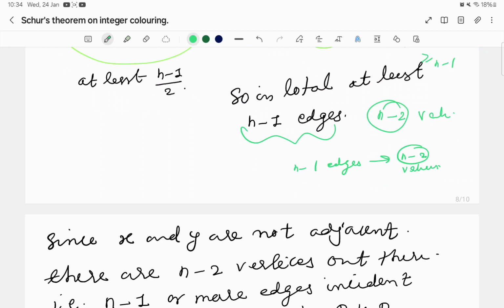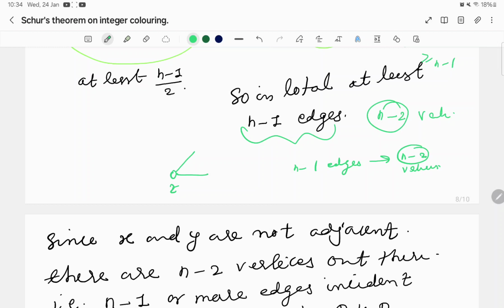Then by pigeonhole principle, what happens? There is at least one vertex that has two edges incident to it. So where are they coming from?